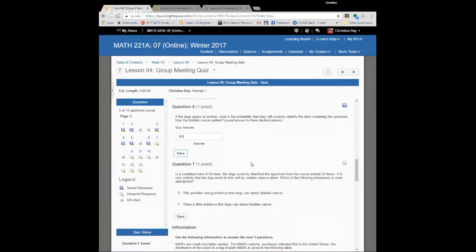So that makes me think that there's pretty strong evidence that they can detect the bladder cancer. Because randomly they were only going to get 0.14. And in this trial, they got 0.4. So that's 40% versus 14%.